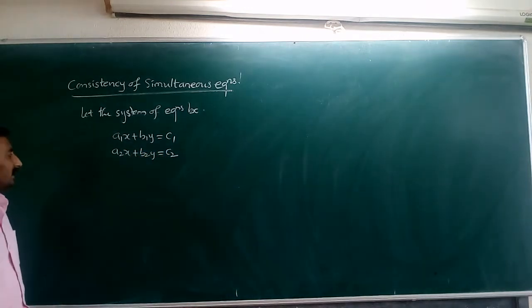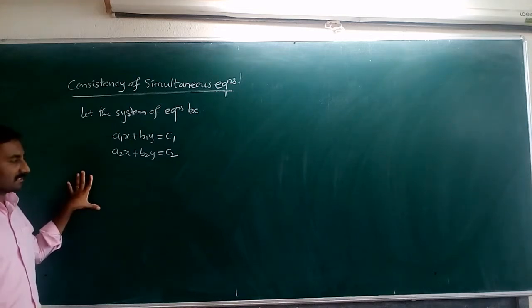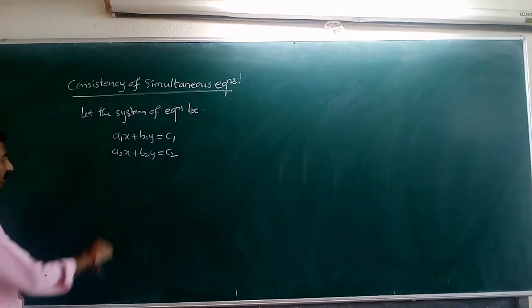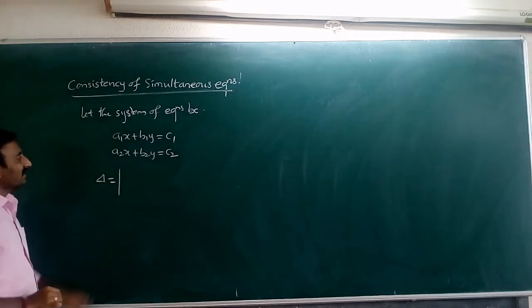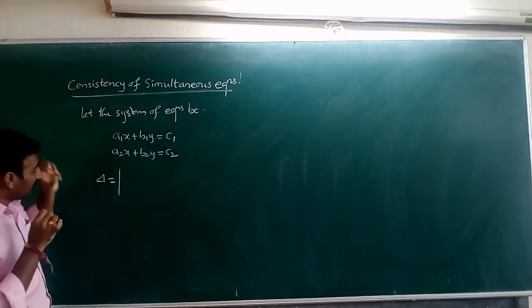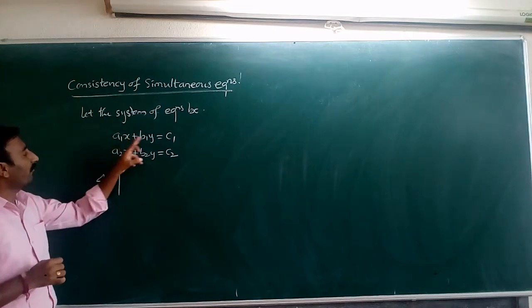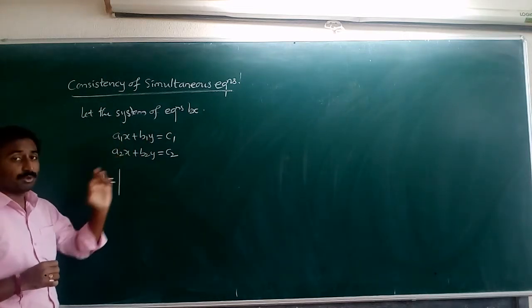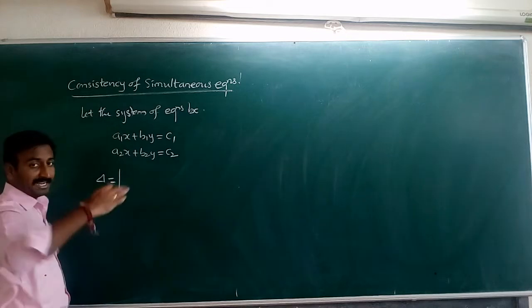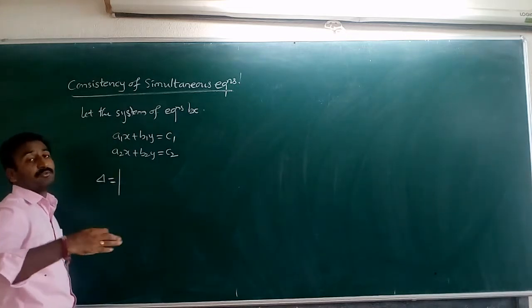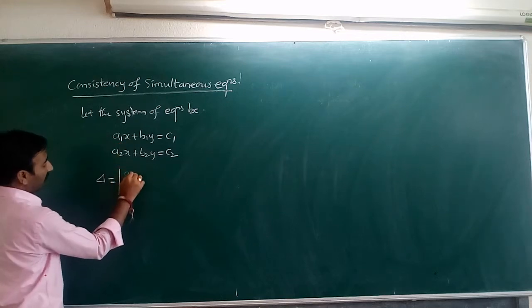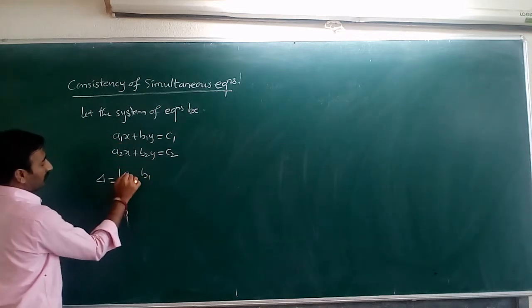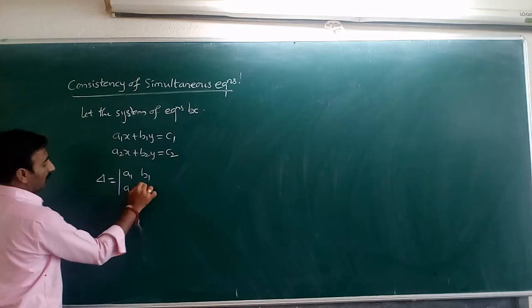What Cramer's rule tells us is, you find the determinants. One is delta. Delta is nothing but a determinant formed by the coefficients of x and y in both the equations. It can be expanded for any 3 cross 3, 4 cross 4, 5 cross 5 like that. So it is a1, b1, a2 and b2.